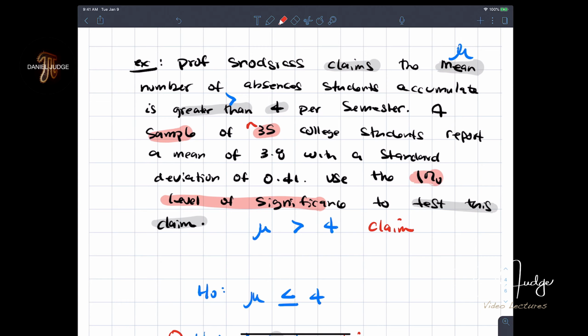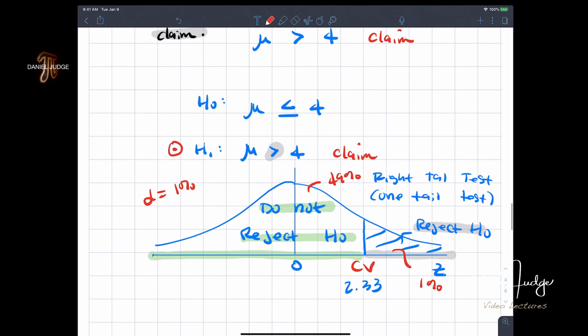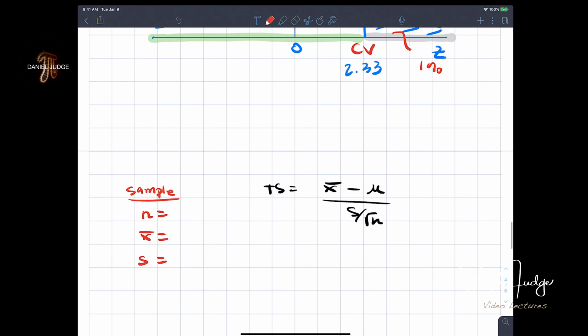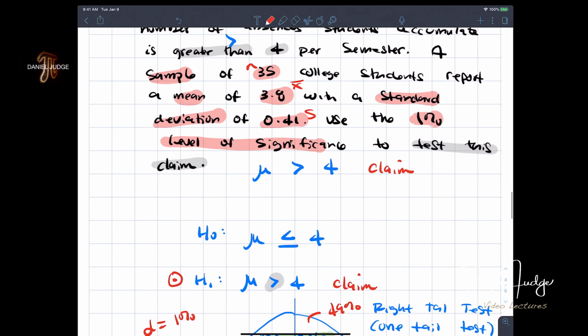College students report a mean of 3.8. Oh, X bar. With a standard deviation of 0.41. Oh, it's my standard deviation. So we're going to put this stuff down here. N is 35. The sample mean is 3.8.